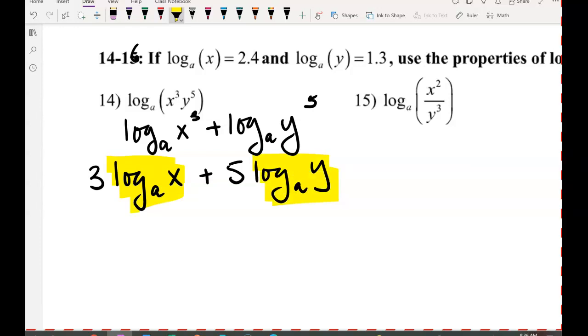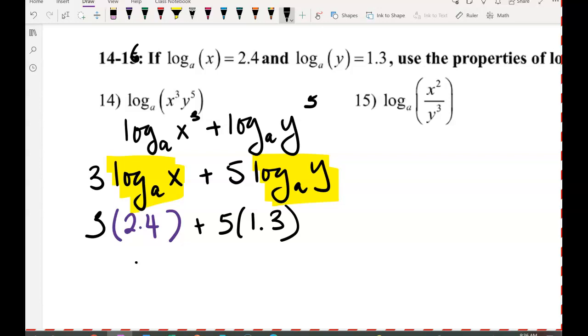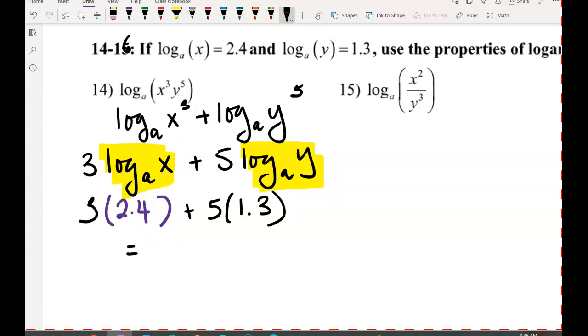Do we know, students, based on the question, what those would be? Based on your instruction, what is log base a of x? 2.4. Yep, this is 2.4 based on the instruction, and then times the 3. What is log base a of y? That's right, 1.3. All right, now bust out your calculator. Punch it in: 3 times 2.4 plus 5 times 1.3.